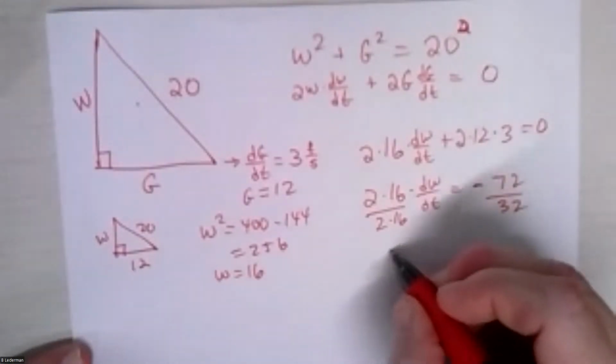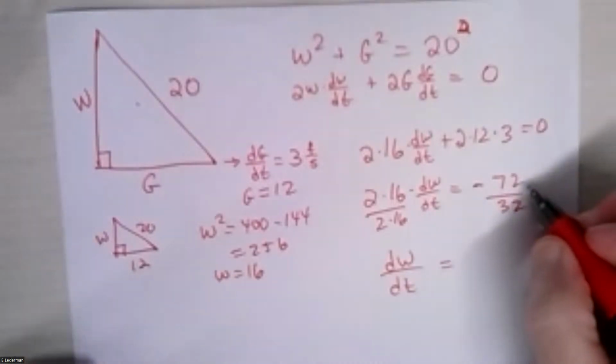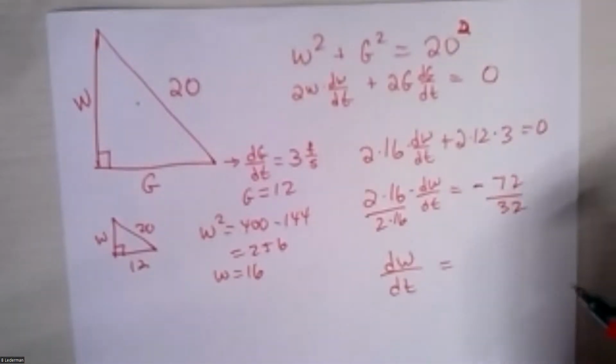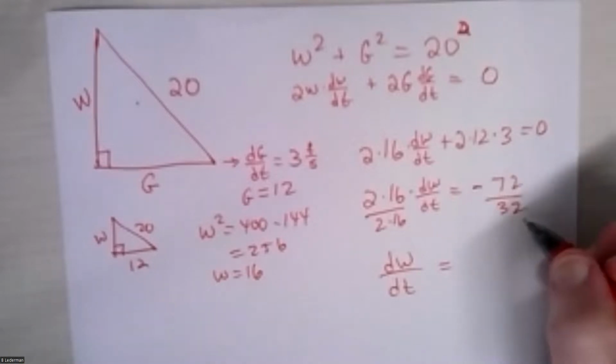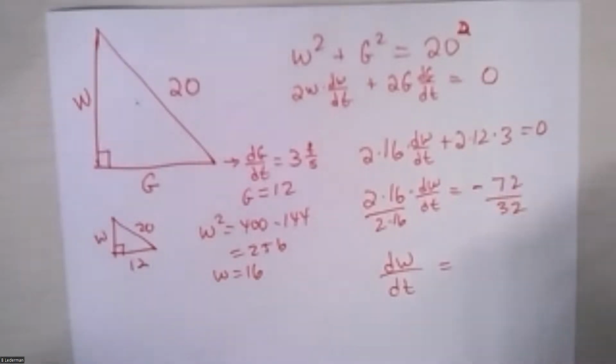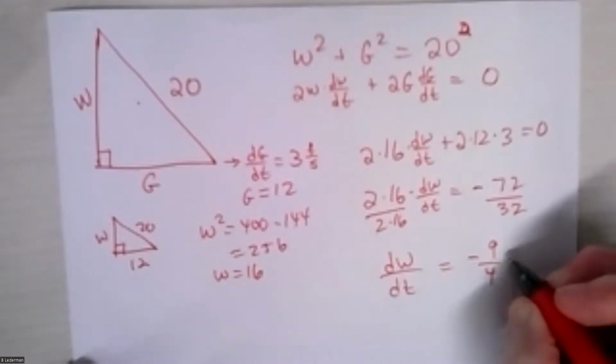So dW/dt equals negative 72 over 32. Oh, look at that, divide both sides by 8. 9 and 4, negative 9/4 feet per second.